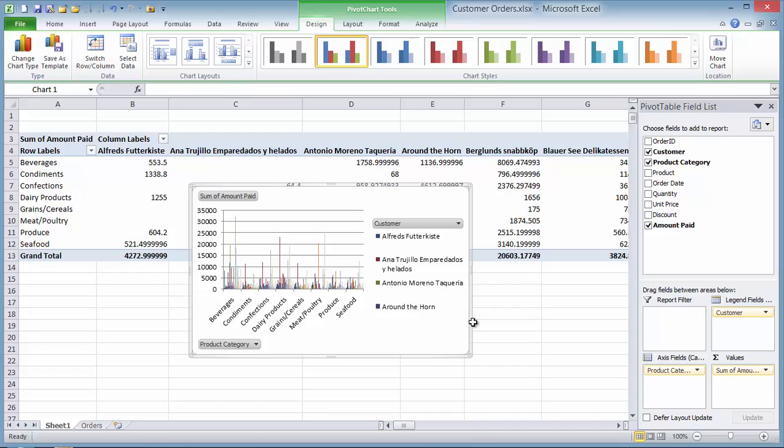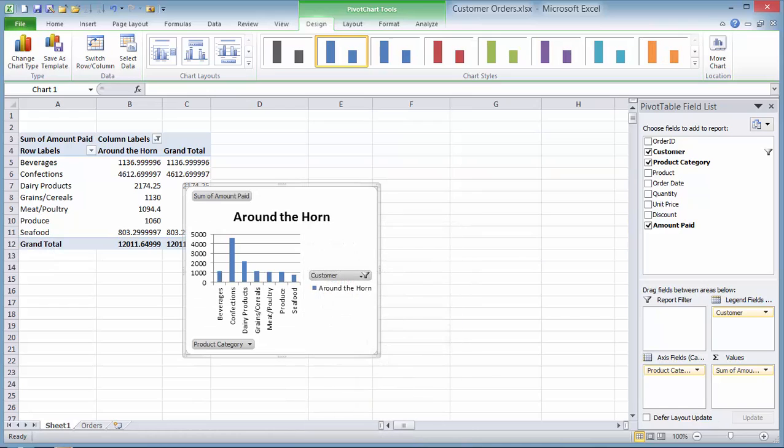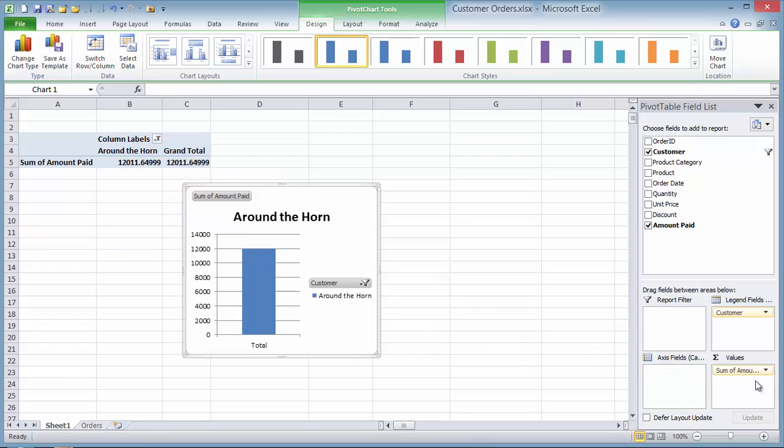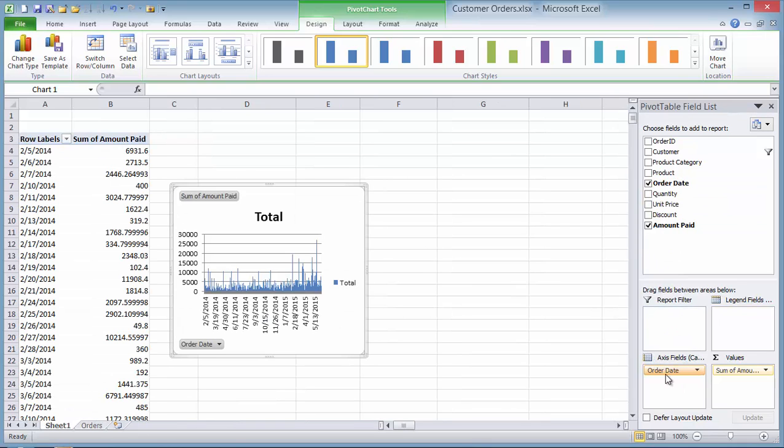There's a lot going on in that chart, but I will break it down by one customer. Any customer you like. Each bar shows the total amount spent by that customer in that product category. And finally, break it down by order date.